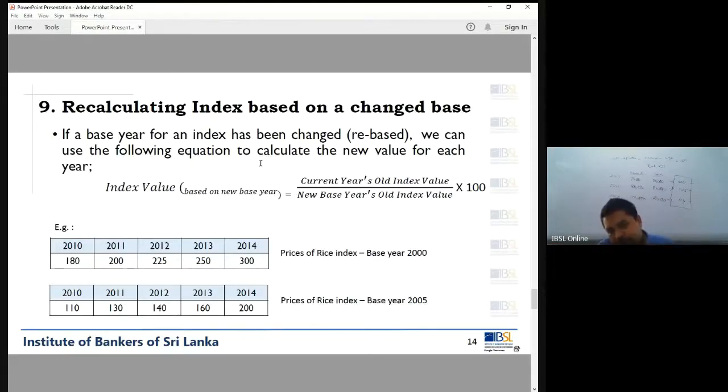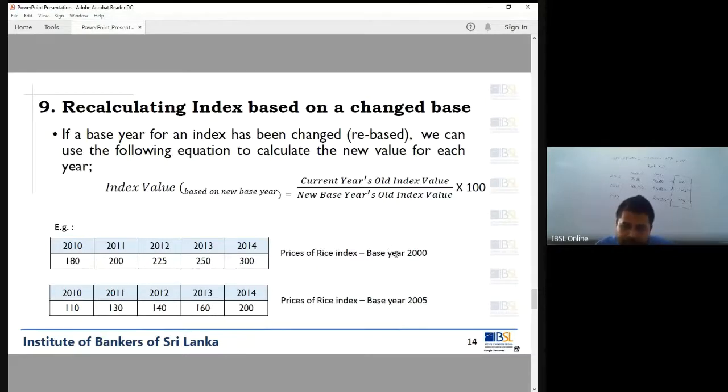So what we'll be doing is, for a year under consideration, the existing base will give you a set of index values. Now look at this example. You have prices of rice.